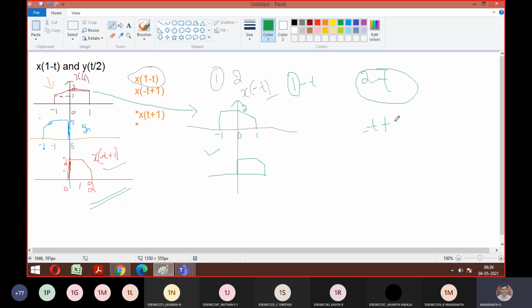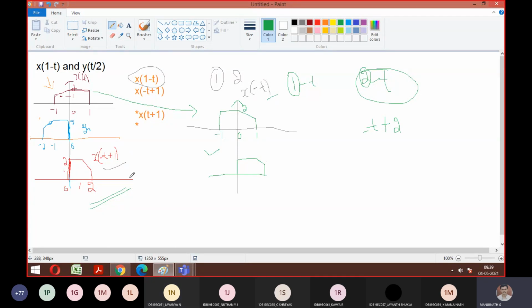You perform t plus 2, then comes your reflection. Same way, if you want to solve with the method I told for verification, you can plot x of minus t. Whatever delay they are giving, if you apply that delay, it will give you the same answer as the previous one. So both procedures are okay to everyone?